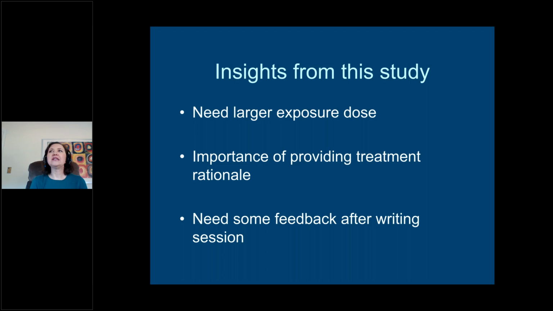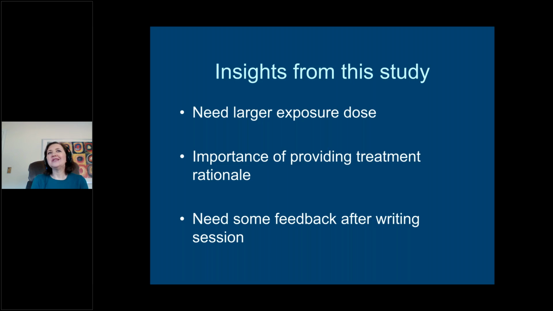We also realized that in the expressive writing procedure, nobody is told why they're being asked to write about their life events or why this might be important. And one thing that we definitely know from psychotherapy in general is that buy-in has a lot to do with outcome.